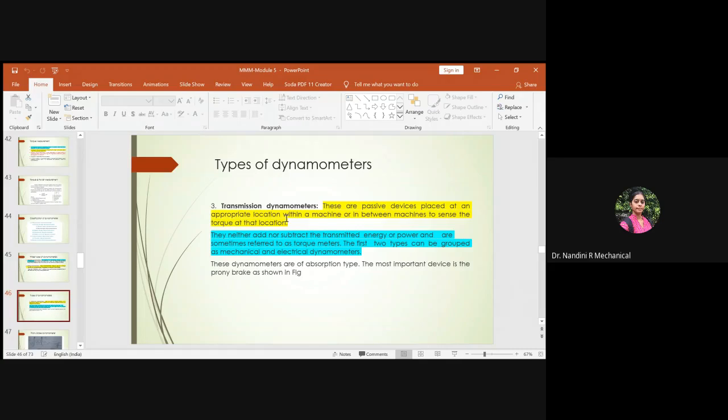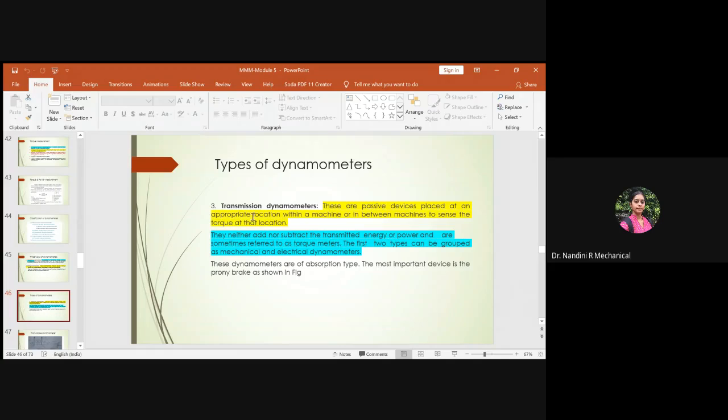Suppose you have a huge machine, and in between you have to check the variation of the torque, so you can use the transmission dynamometer within the machine or in between the machines where the value of torque is essential. And the other aspect you have to understand is they neither add nor subtract the transmitted energy or power and are sometimes referred to as torque meters.